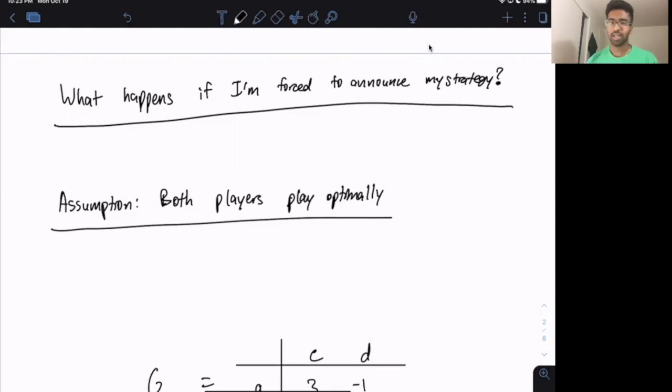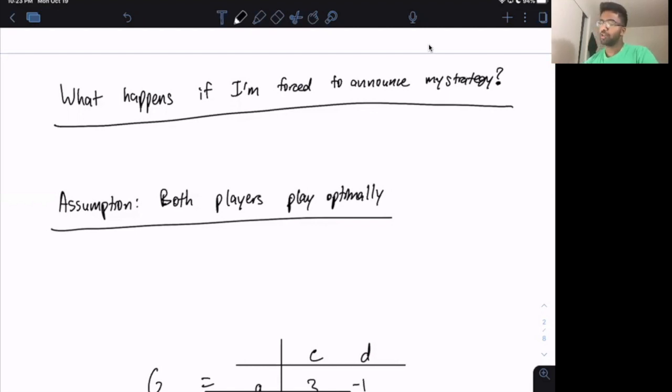But what we're going to realize here after doing some math is even if you announce your strategy in advance, as long as we're operating under the assumption that both players play optimally, that's not actually going to hurt your expected payoff, which is kind of insane. It basically means that even if you tell the opponent your strategy, it's not going to help them out, right? As long as both players are playing optimally. But let's look at an example to make that somewhat actually believable.